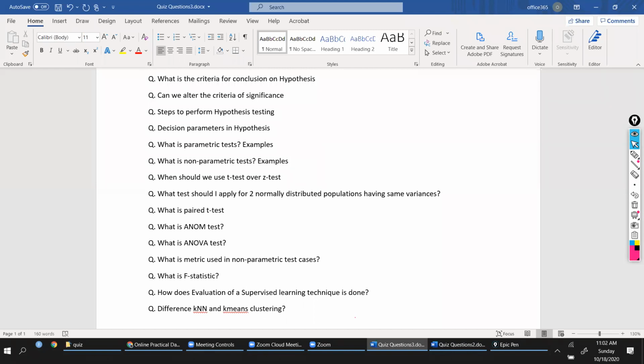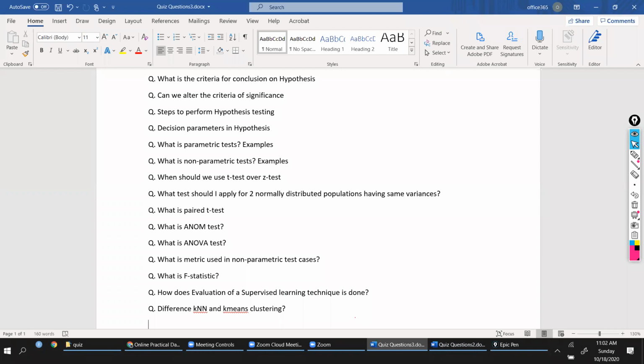What is the difference between the KNN classifier technique and k-means clustering? Very good, Kiran, Bhavna, Suresh.